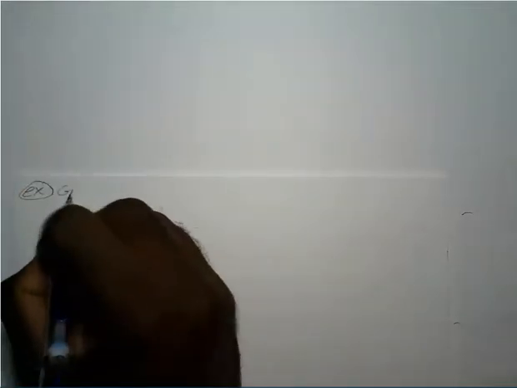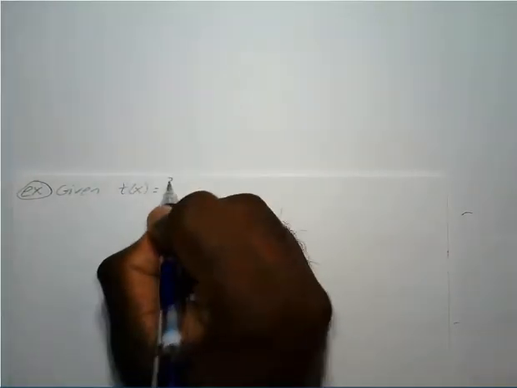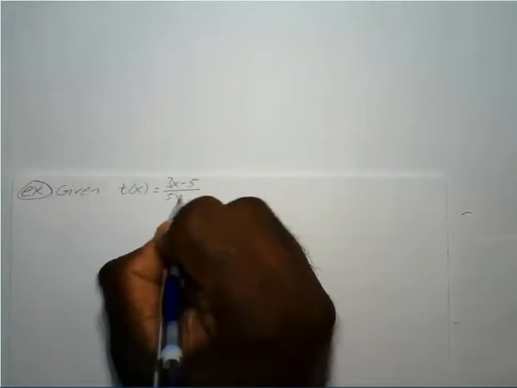All right, so let's say, for example, it's given that t of x is equal to 3x minus 5 over 5x minus 10.